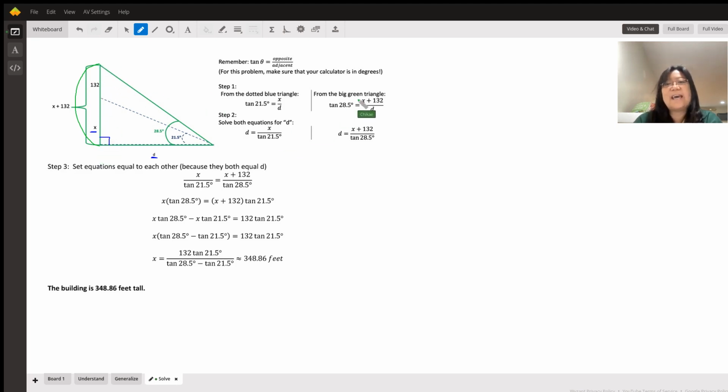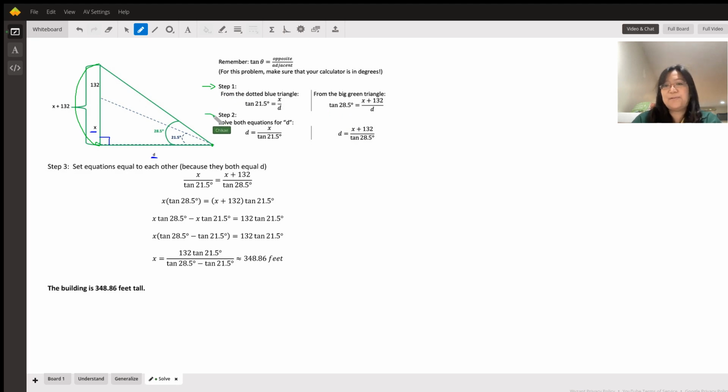The total height is x plus 132. So that's x plus 132 over d, again the distance from the bottom of the building to the point where we're measuring from, and that is tangent of 28.5 degrees. All right, so that was step one.